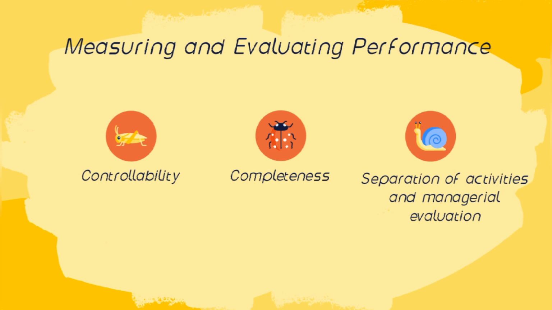Talking about completeness, it refers to the degree to which a measure can cover all relevant performance dimensions, and the last is separation of activities and managerial evaluation. It is designed to differentiate the economic attractiveness of an activity from the way it is managed.